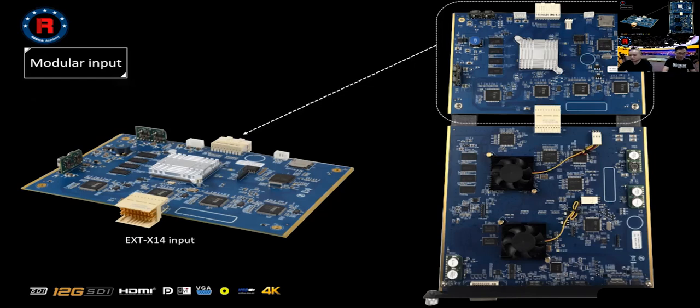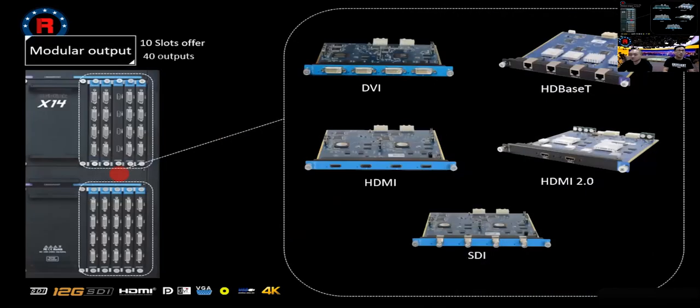Okay, show me the output, please. Okay, follow me. I will show it for you. On X40, the output supports 10 smart slots, each slot with 4 outputs. So in total, X40 can support 40 outputs. It includes DVI, HD-BaseT, HDMI, SDI.